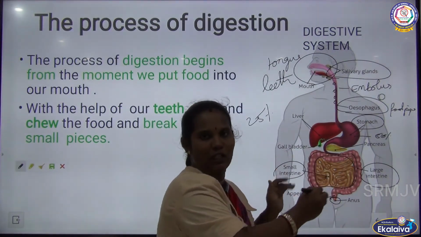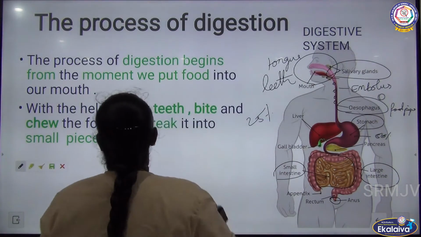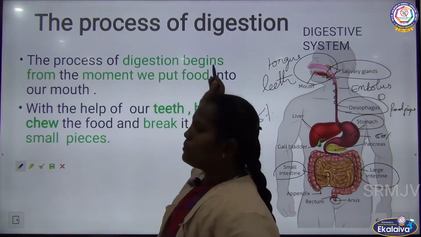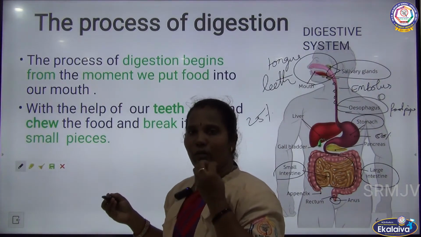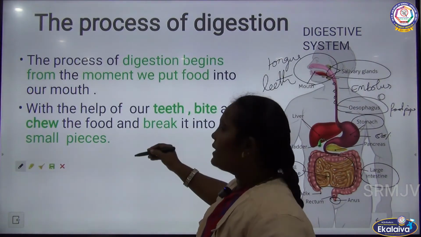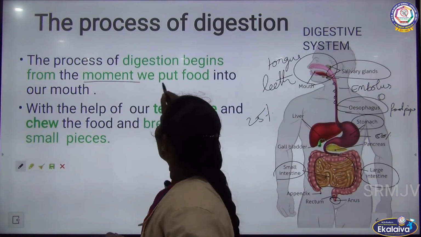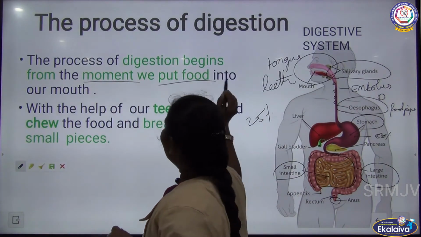We have to see this one. The process of digestion begins, as I told you, when we put food into our mouth. The digestion starts at that moment in our mouth.